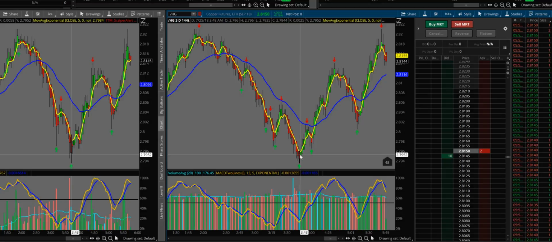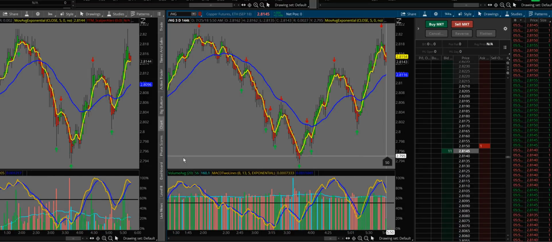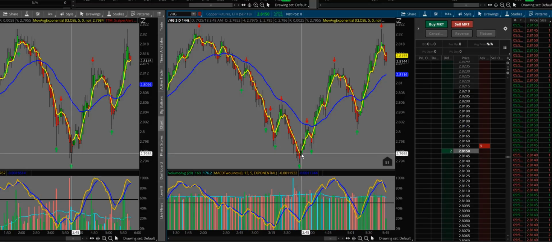When the MACD is at a low, like it is here, and you can see my cursor is synced, and the future is in either an uptrend or downtrend, which this is in an uptrend, it's curling back off the bottom on the daily, 60 minutes, trying to curl back up and go.